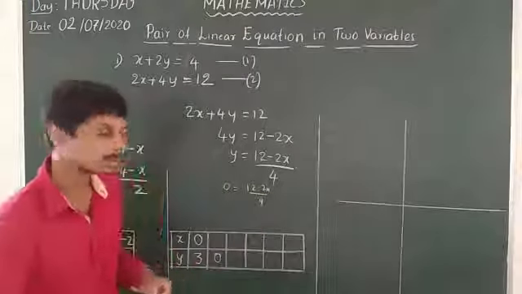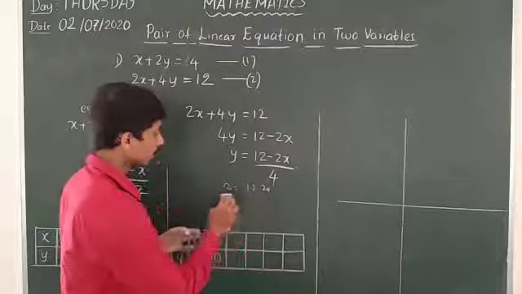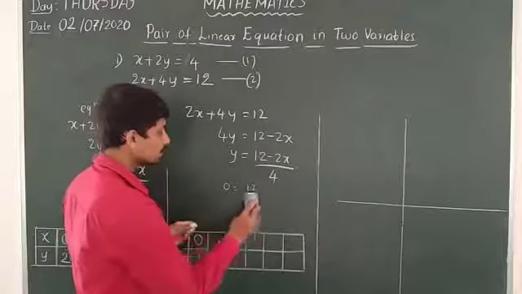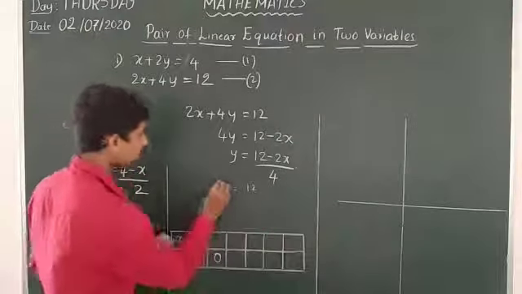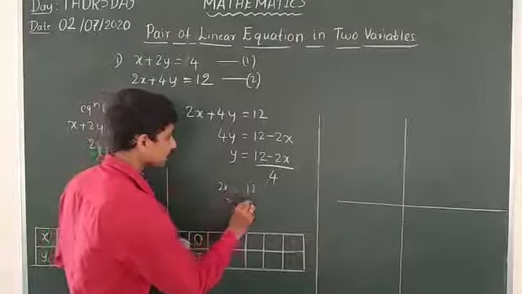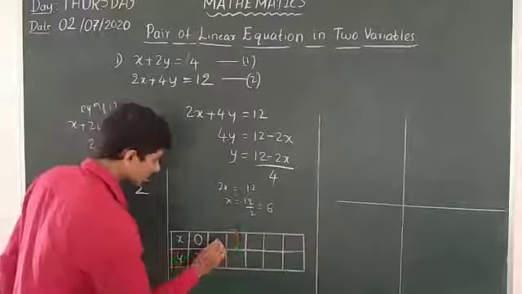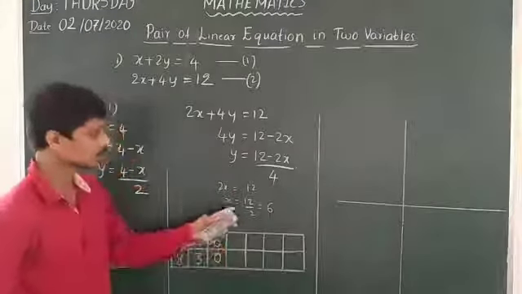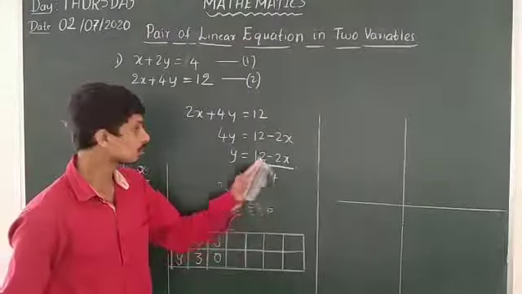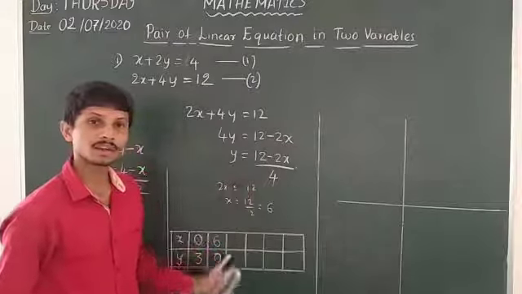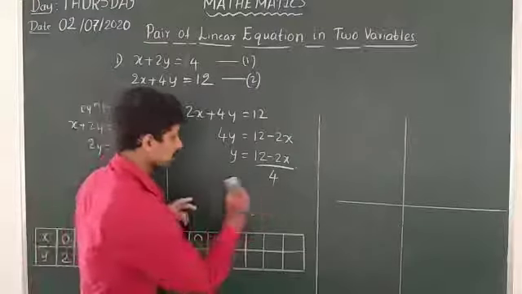After transposing, 4 vanishes, then we have to transpose minus 2x to the LHS side, means 2x, then x is equal to 12 by 2 is equal to 6. If we substitute the value of x into this equation, we get the value as 0 here.